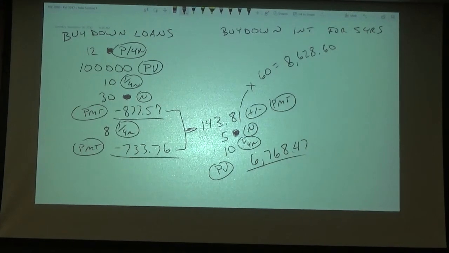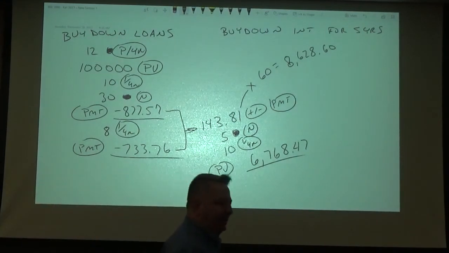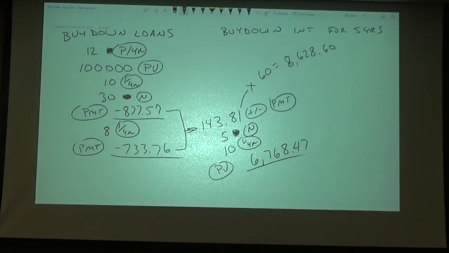So if the developer has access to the cash, they'd probably much rather just pay the 6,768 as opposed to paying it out over the next 5 years, depending on what their cost of borrowing is. Okay, does that make sense?